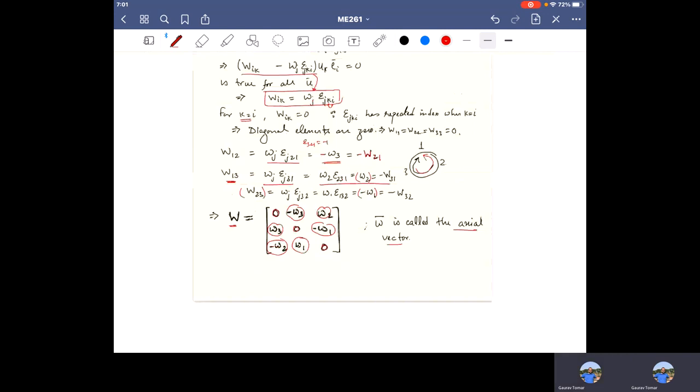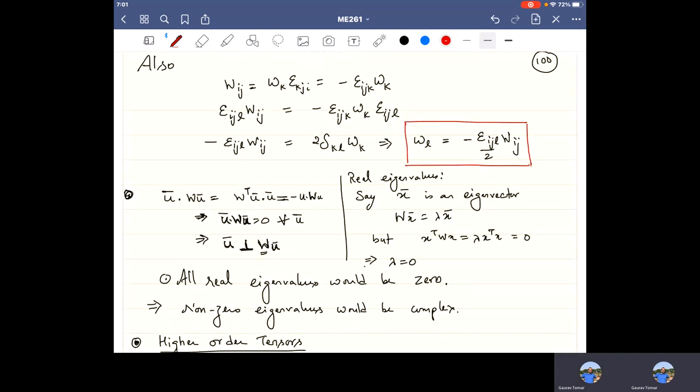Now we can also do this derivation the other way around. Let's say W_ij is given by omega_k or small w_k epsilon_kji, and now we switch the indices here, and this same quantity can be written as minus epsilon_ijk w_k.